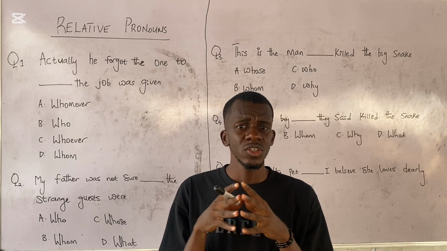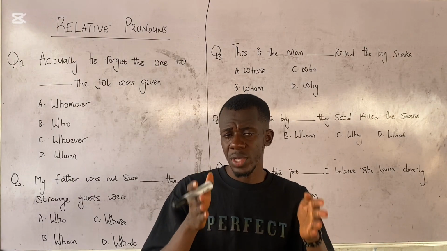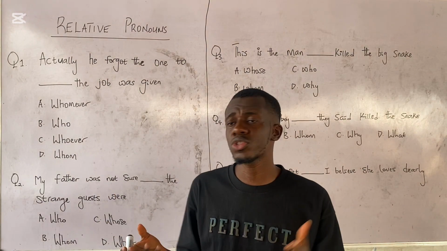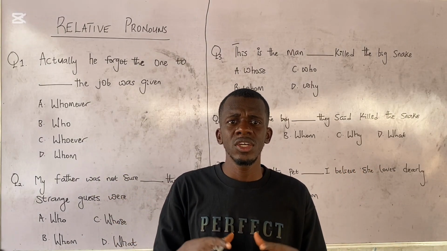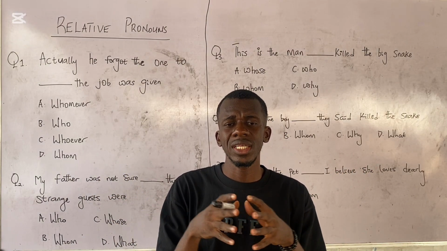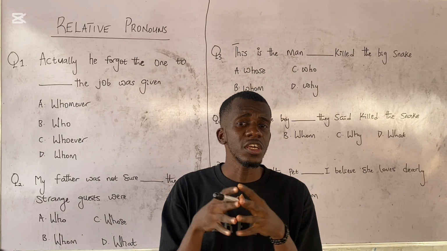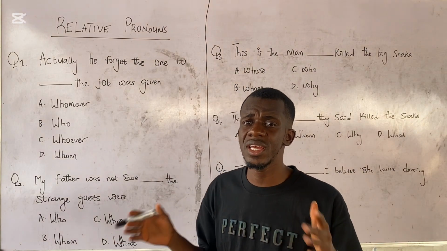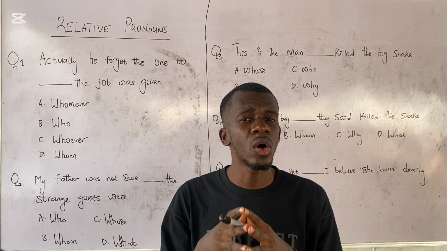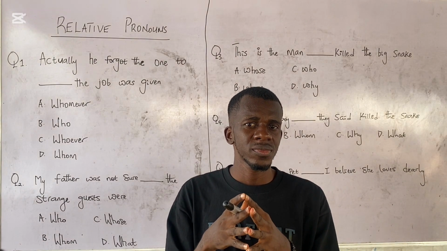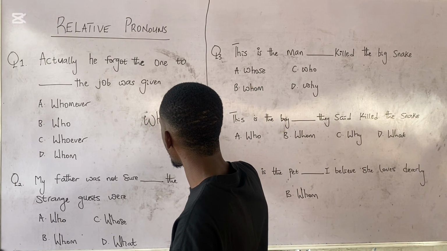Are you with me? So when you see a question on relative pronouns and they give you a gap, and then in the options, you find options like these: whomever, who, whoever, which, and so on, check for the word that is directly after the gap, and then do the following. If the word directly after the gap you are asked to fill is a noun or a pronoun, kindly make use of WHOM.